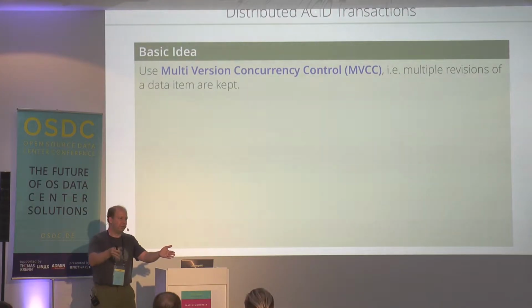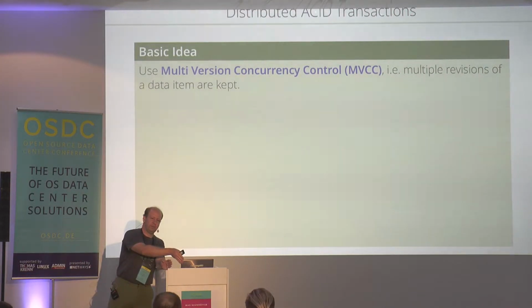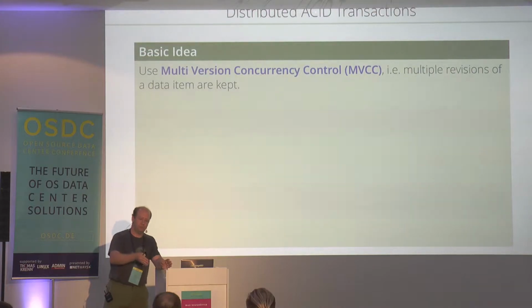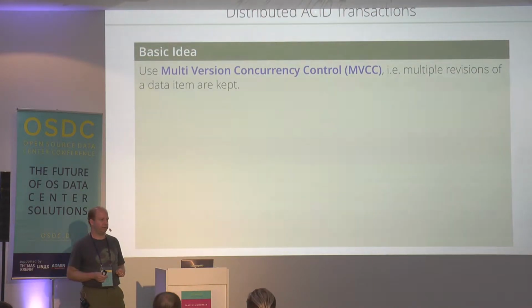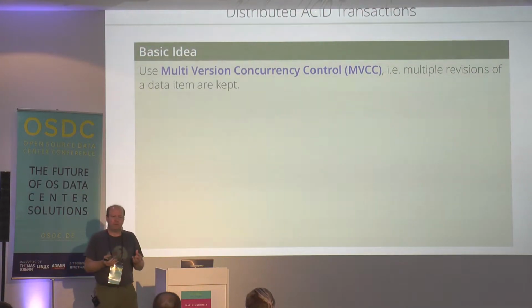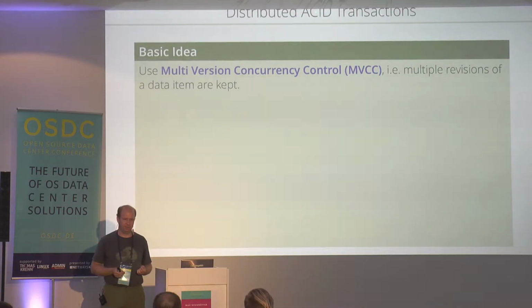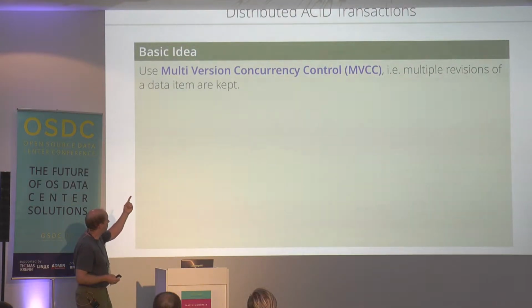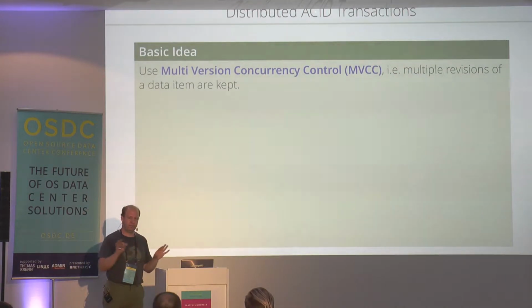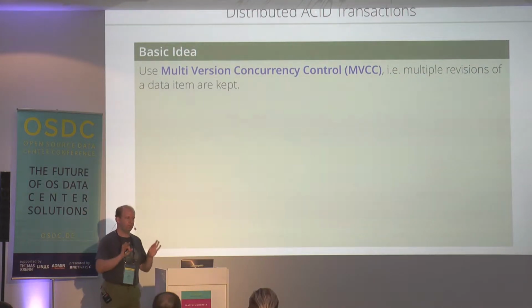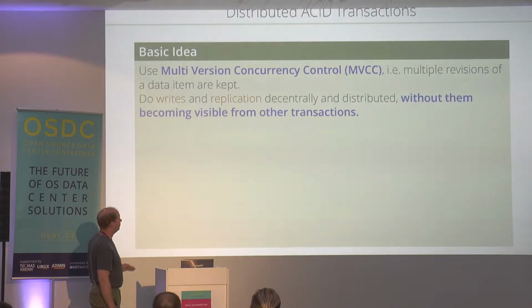But if it's already committed by now, it wasn't committed when the transaction started, but it was committed when another transaction has now started. So rather obviously, you need multiple versions. That's what's called multiple version concurrency control. So I believe some kind of this you need. You have to keep multiple revisions of your documents or key value pairs.